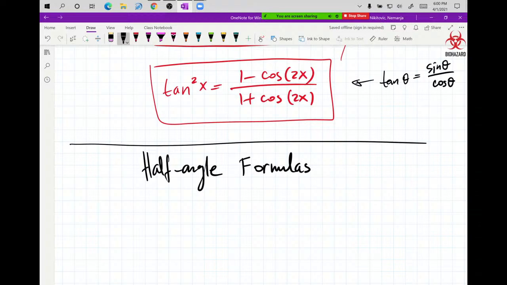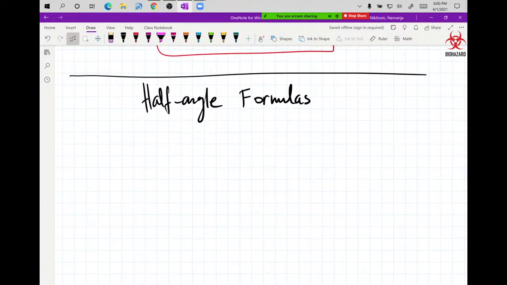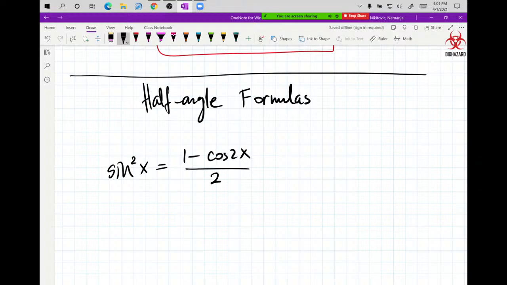I always get excited when you don't have to memorize things. You can just reason with them and, you know, go from one to the next formula easily. So you have your, let's say, sine squared x formula as 1 minus cosine 2x over 2.